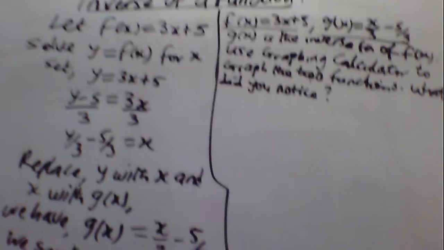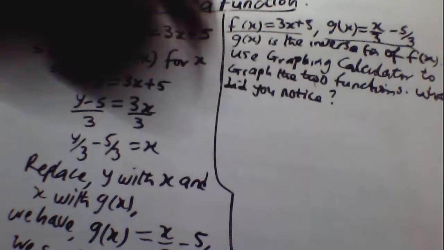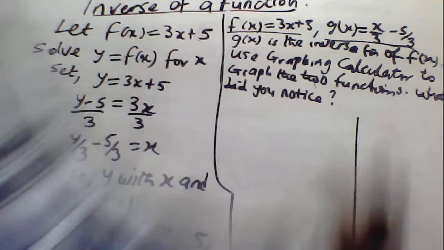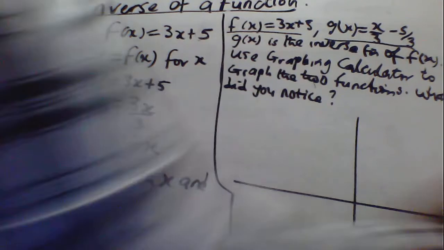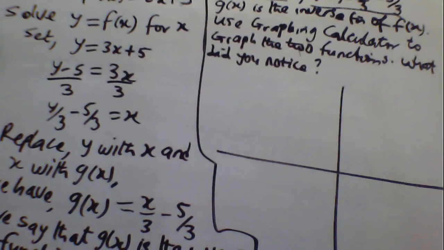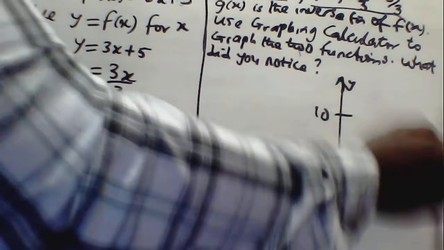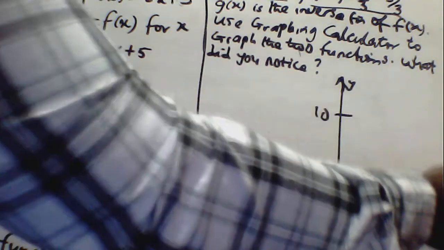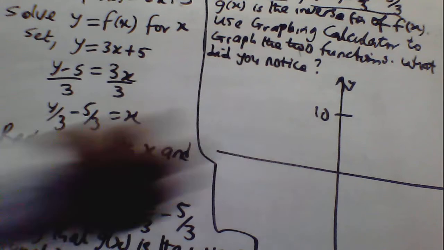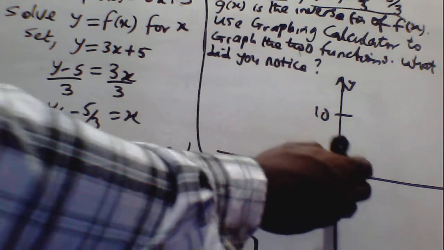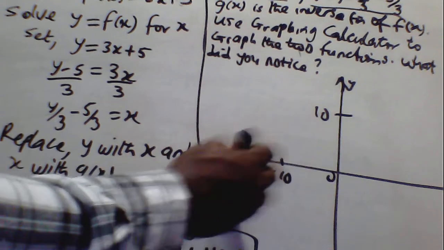Let's draw the graph in one. So we are coming to inverse function. If here is y, and here is x, this can be minus 10, here is 0, here is minus 20.